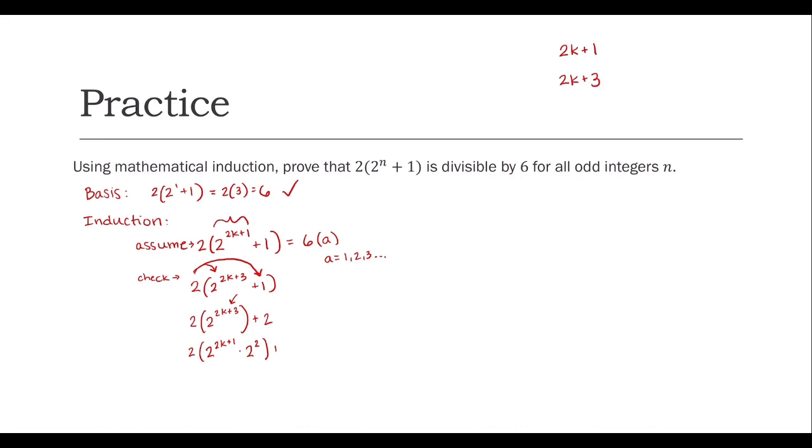So we have that plus 2. So then this becomes 2 times 2 to the 2k plus 1 times 2 squared, which is 4, plus 2.